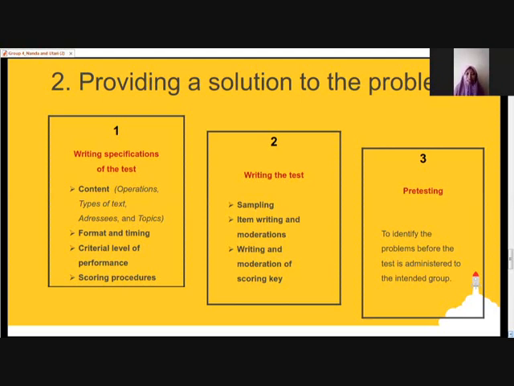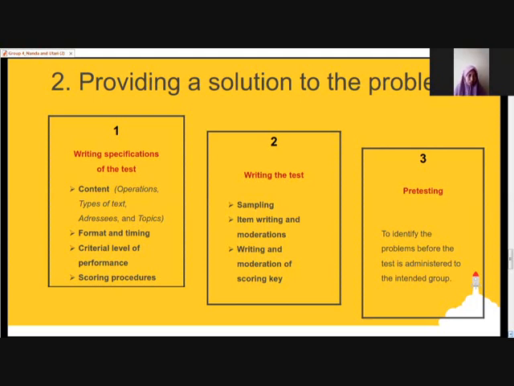But usually in real life, this pretesting can be risky, because the students sometimes will spread the issue about the exact point or the exact topic that will be administered by us in the classroom.